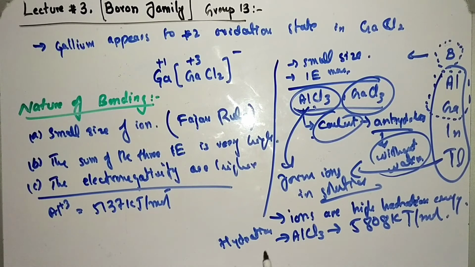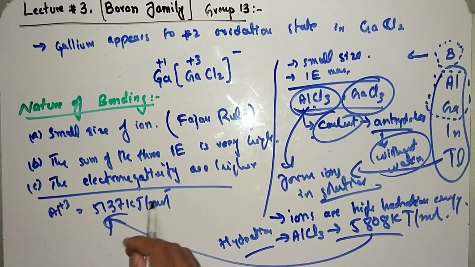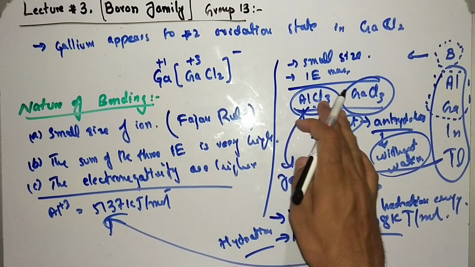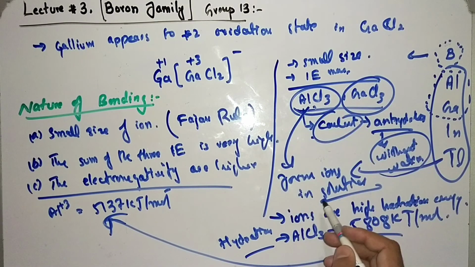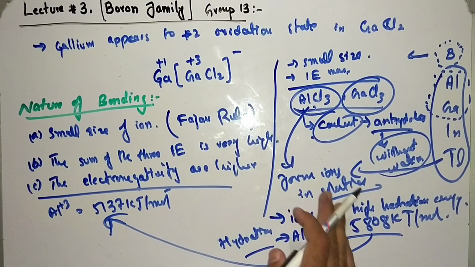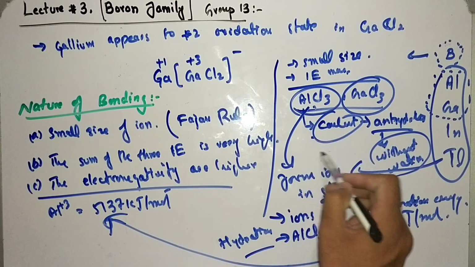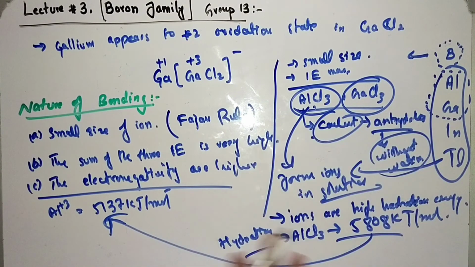So the hydration energy exceeds the sum of the three ionization energies. That's why aluminium chloride will change into ions because of the high hydration energy, so the covalent character will change into ionic character. I hope my point is clear.